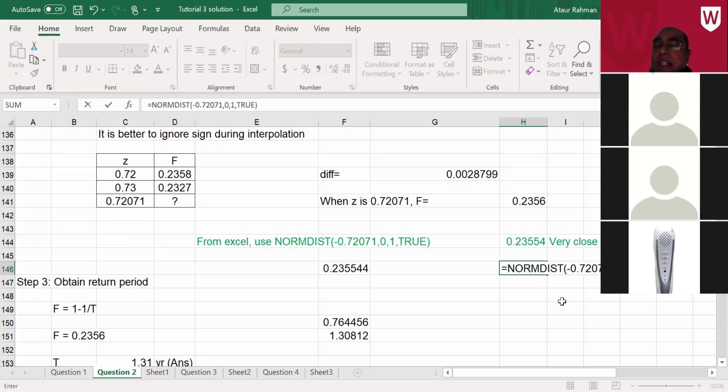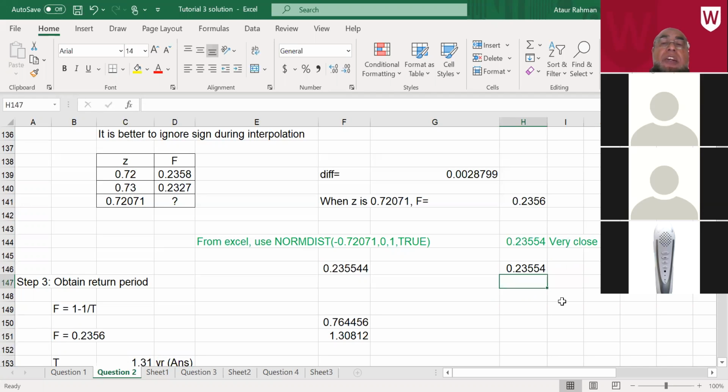This is the way that Excel has written the function, so we use TRUE here because this is the form of the function. Once we use NORM.DIST for any Z value, we will get the equivalent F value.